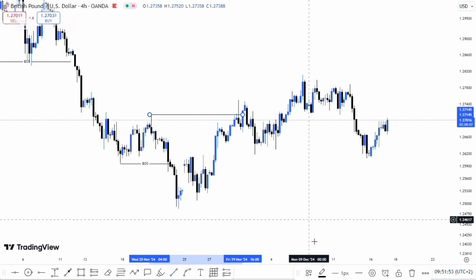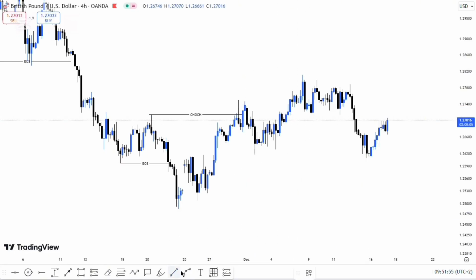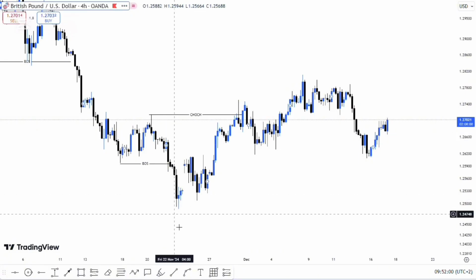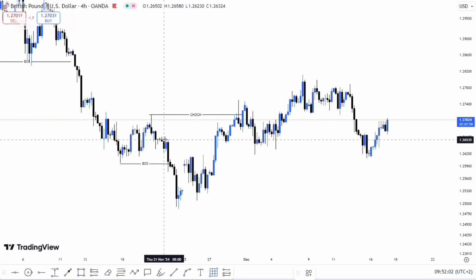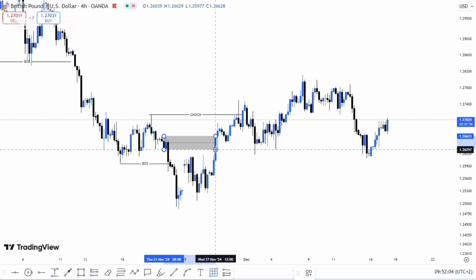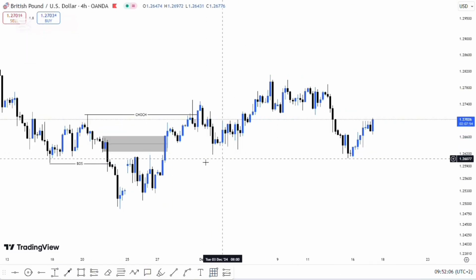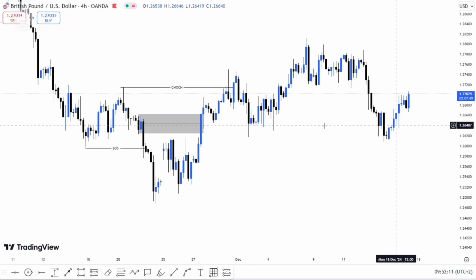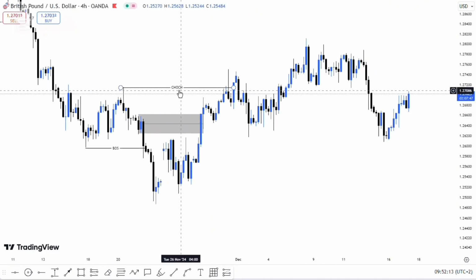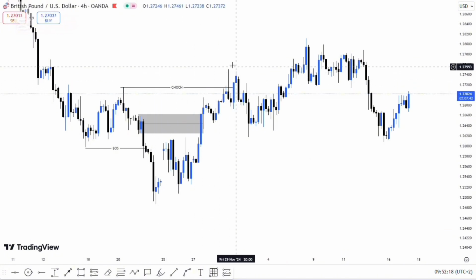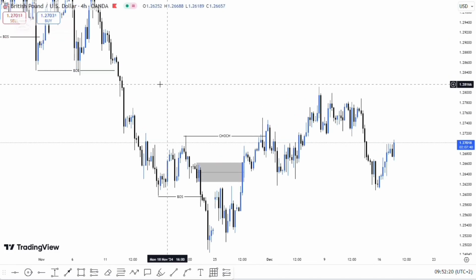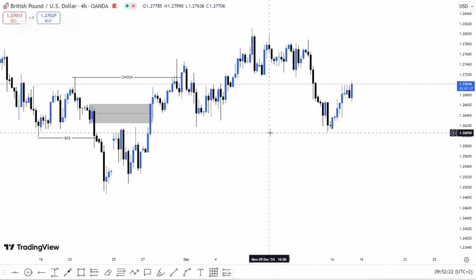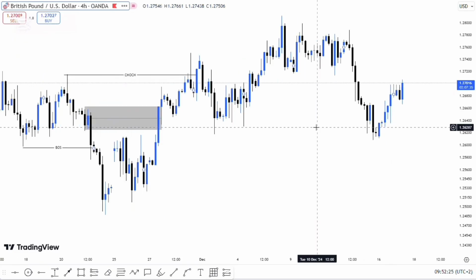As you can see, price did not respect the origin we hit, which caused the break of structure right here. When price failed to respect this order block, price decided to give us a new high, which is a change of character, which means that we have turned from bearish and now we are bullish.